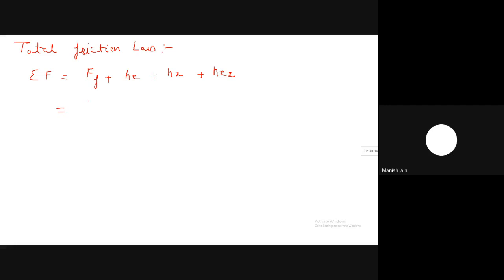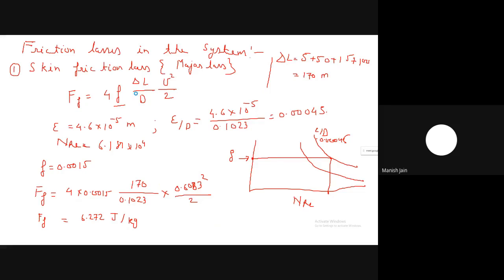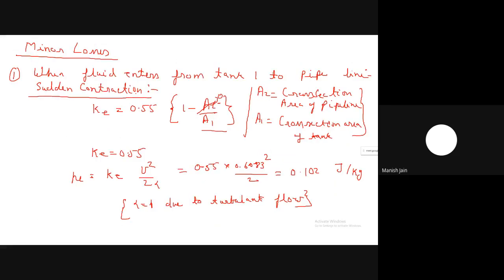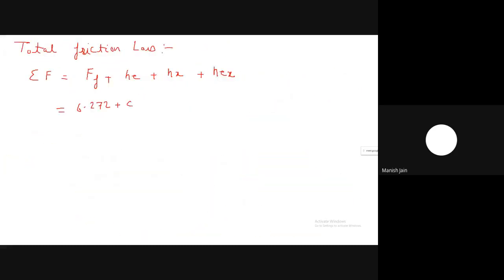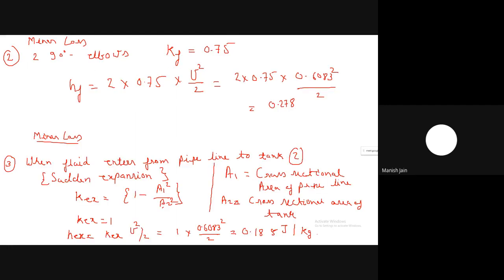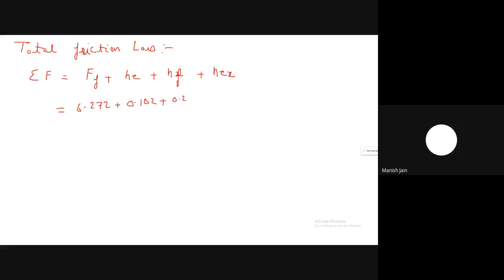So Ff value is calculated as 6.272, plus He value calculated as 0.102, plus Hf value calculated as 0.278, and Hex value calculated as 0.185.